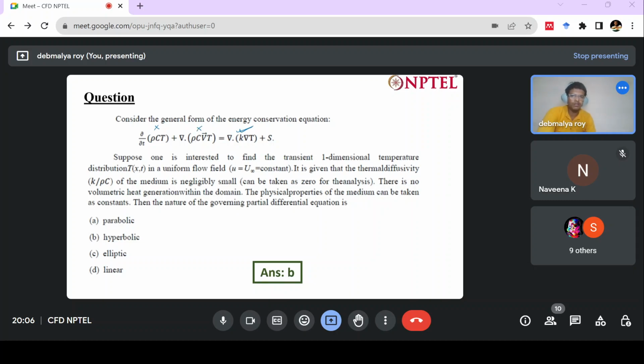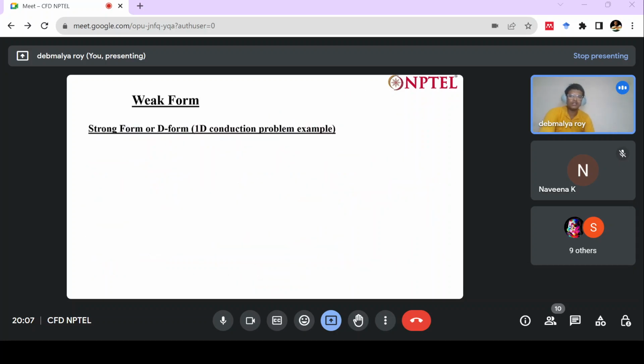This term will not be required. So conduction, this equal to zero, is a conduction equation, or we can have some source. Let's write that equation, and let's keep it in 1D as well to simplify.